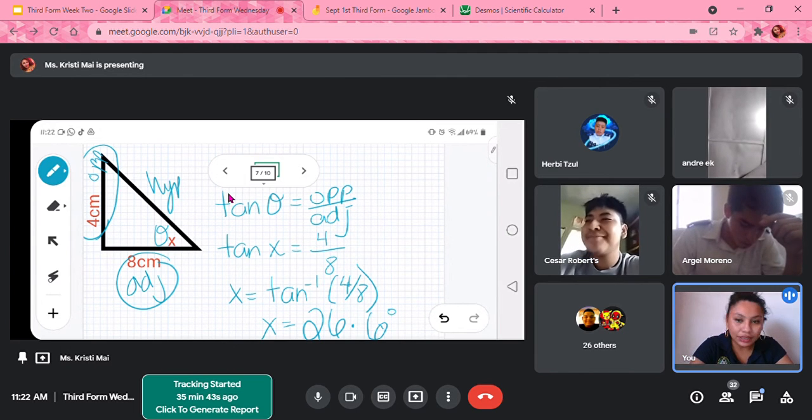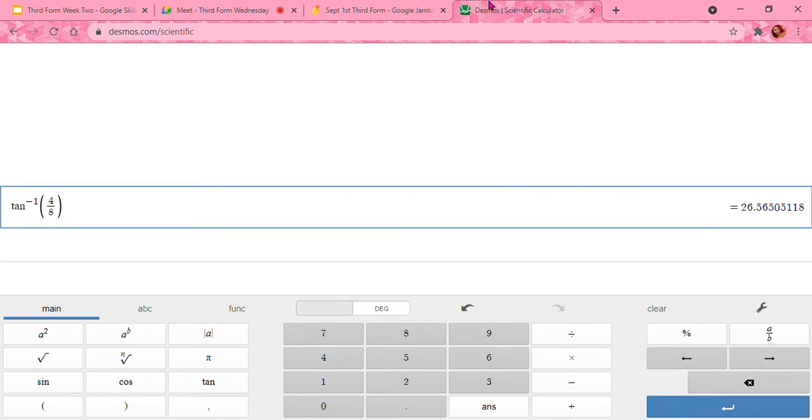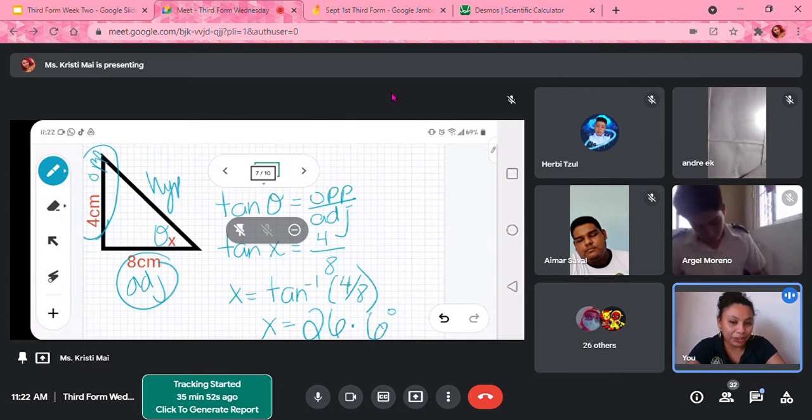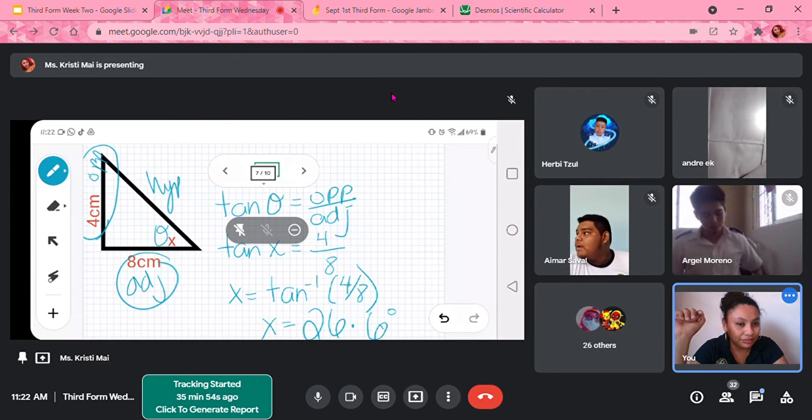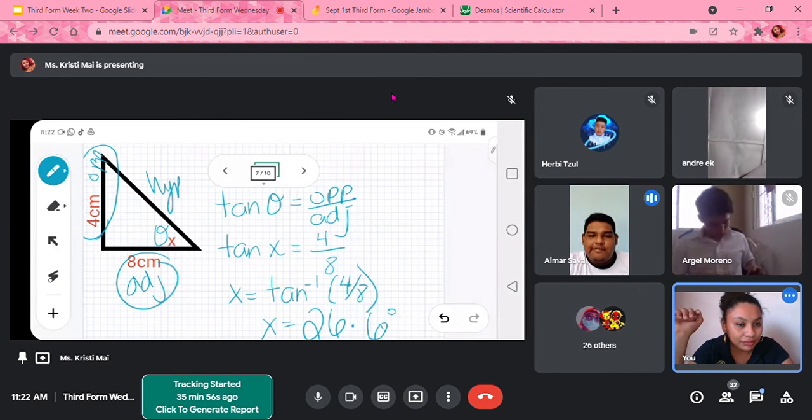The calculator has 26.56, so when I round it, it's 26.6. So the final answer is 26.6 degrees, right? Yes, that's the final answer.